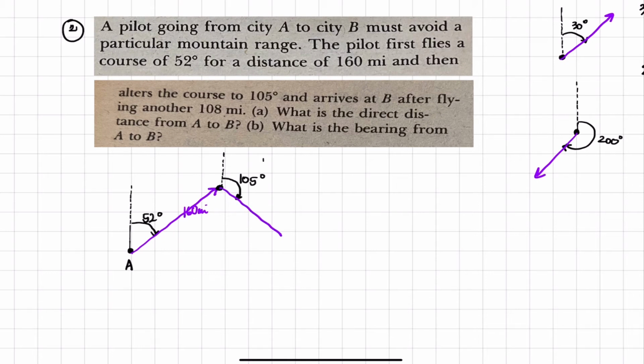Tapos ano sabi dito? And arrives at point B or CTB after flying 108 miles. So, yung tanong sa A muna tayo. What is the distance from A to B? Ayun yung tanong niya.